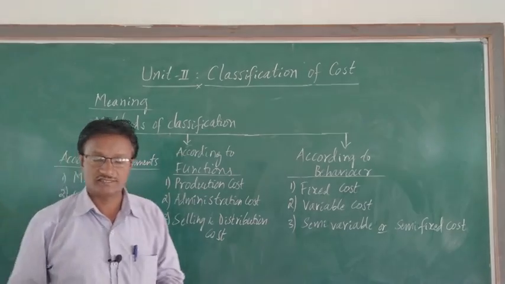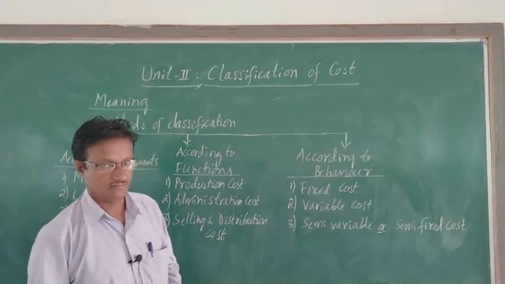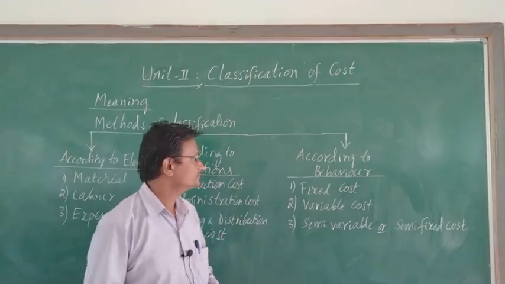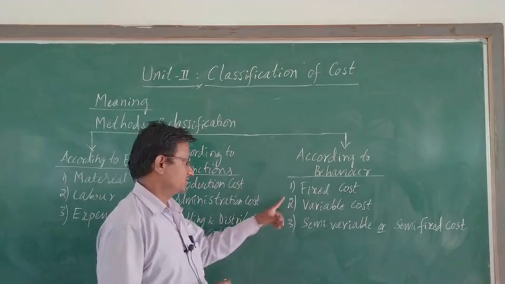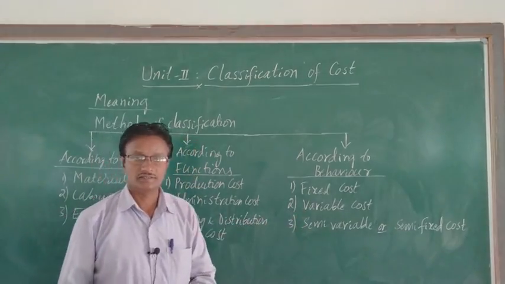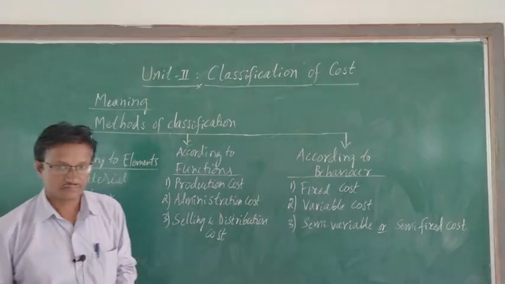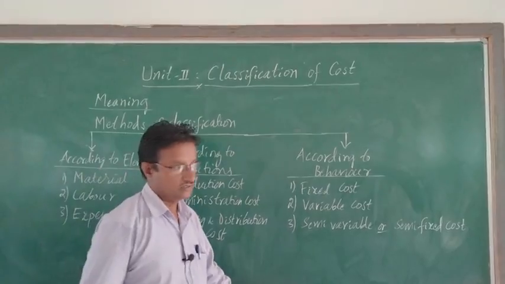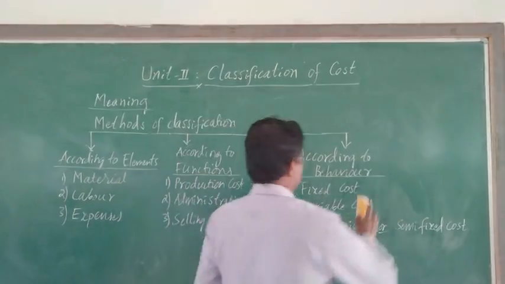When cost is classified according to behavior, there are three types of cost: fixed cost, variable cost, and semi-variable or semi-fixed cost. So the cost classification may be shown by a chart also.